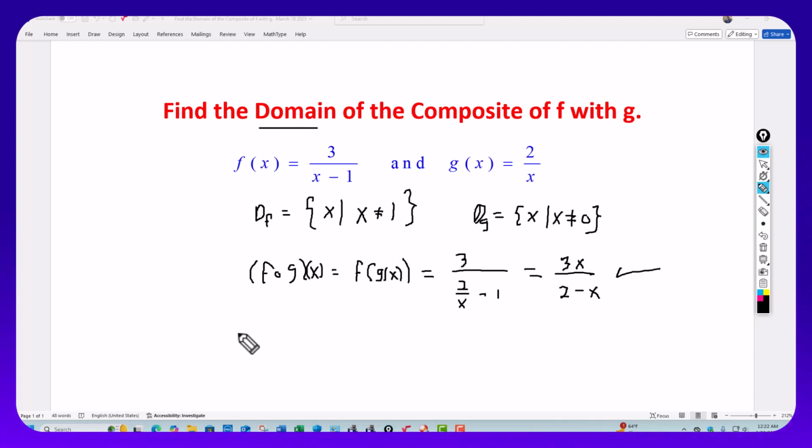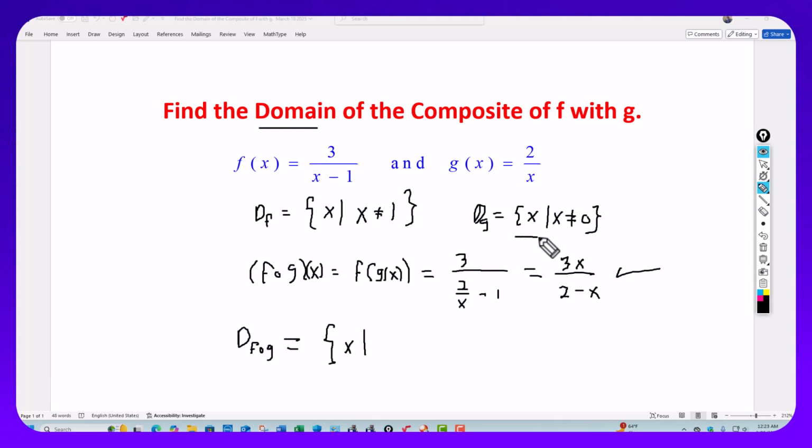So for the domain of the composite function, I'm going to give the answer in terms of set builder notation. So it's a set of all x, and we know that x cannot be 0 because the domain of the composite function is all x in the domain of g.